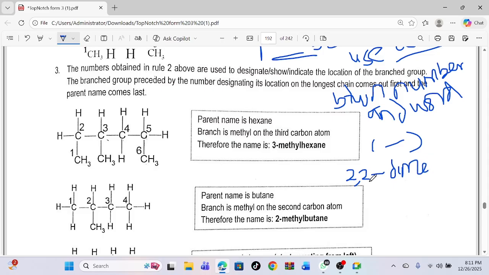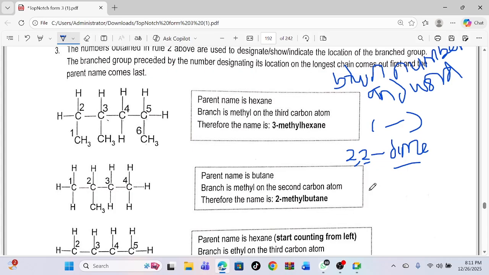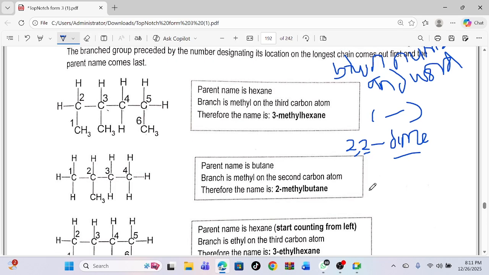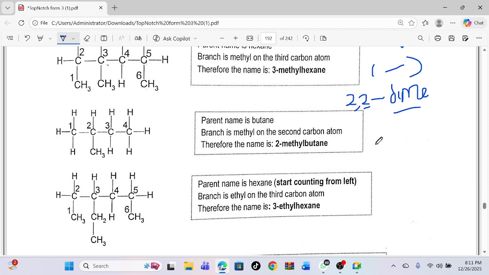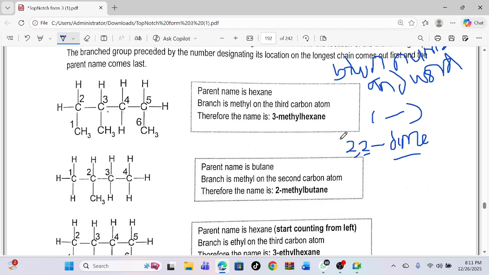So between a number and a word, I use a hyphen. Between two numbers, I use a comma. Very important. If you don't use them, it is penalized in the exam. That's the NB number one.